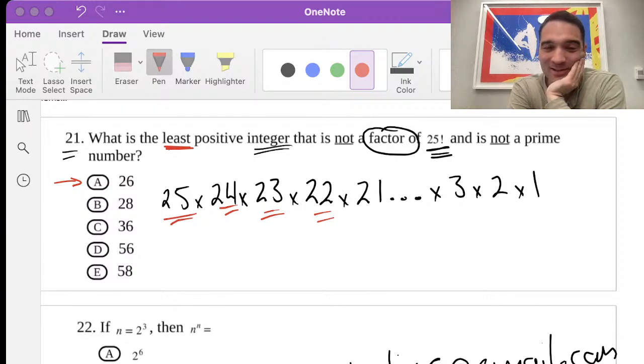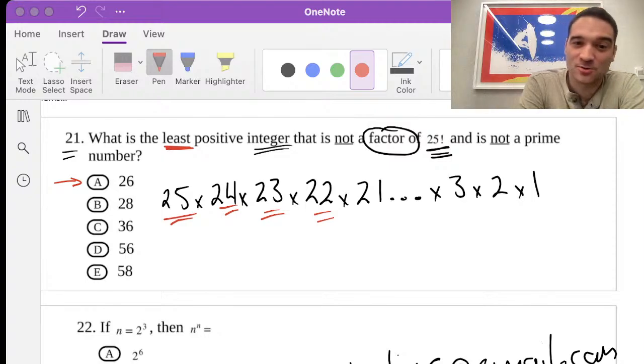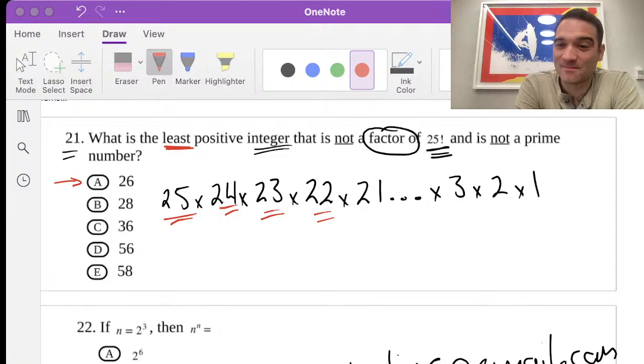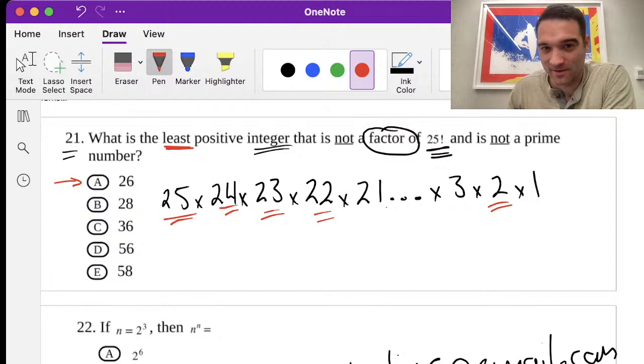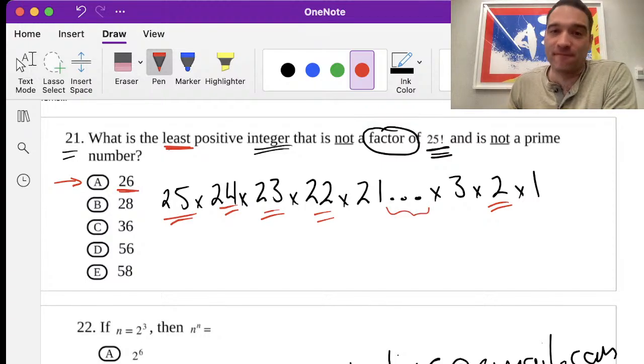So yes or no. Could I create 26 using the component pieces that I've broken it up into? And if so, what numbers would create 26? Two and 13, right? Which definitely are in the mix here. There's a 2, and then somewhere in this ellipsis is a 13. So we can say that 26 is a factor of 25 factorial.